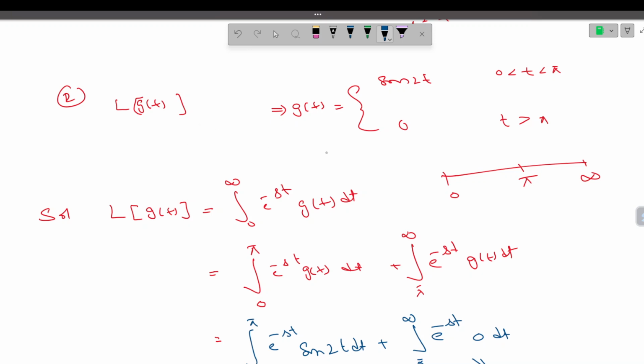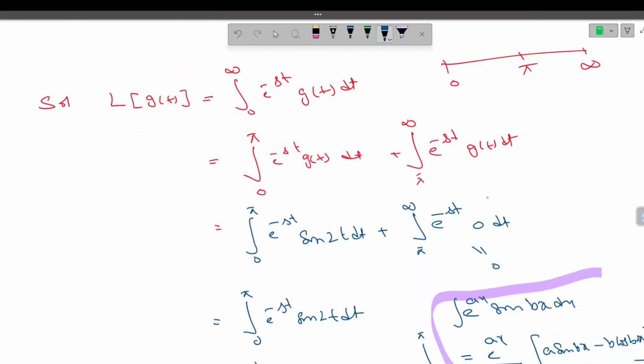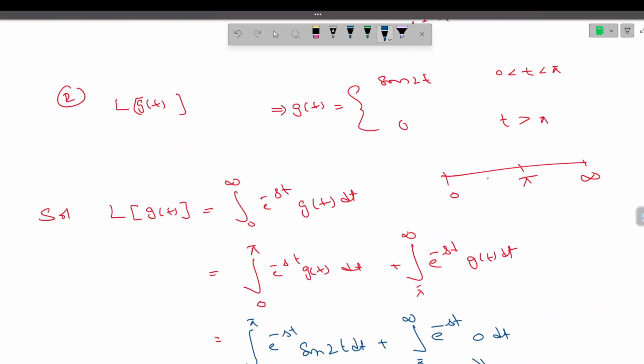See, the Laplace transformation of g(t) is given. The function is splitting, one interval is becoming two intervals, 0 to pi and pi to infinity. Why are we doing this? Because one function is having two faces, a signum function.